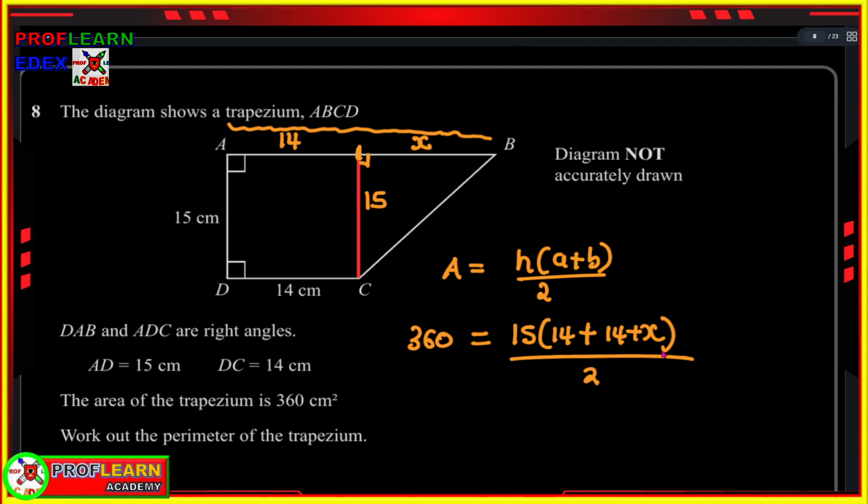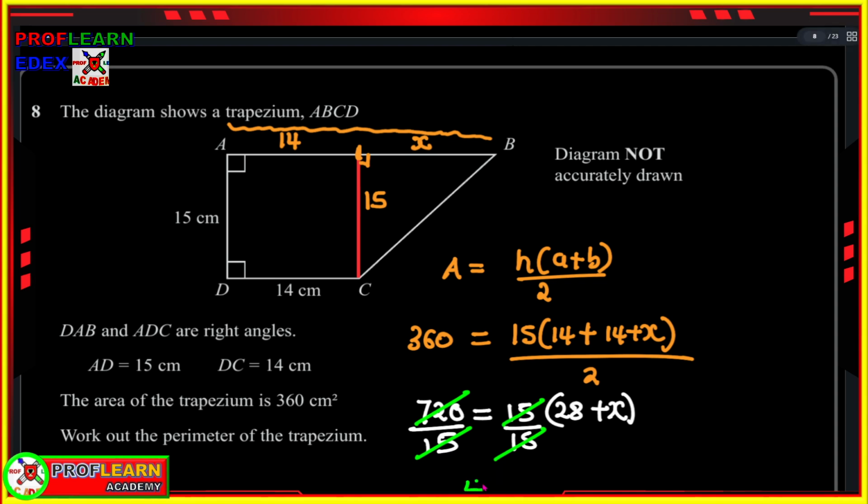Putting the like terms together here, we shall have 720 is equal to 15 into (28 plus X). So I can divide by 15 to cancel these terms. 720 divided by 15 gives us 48.